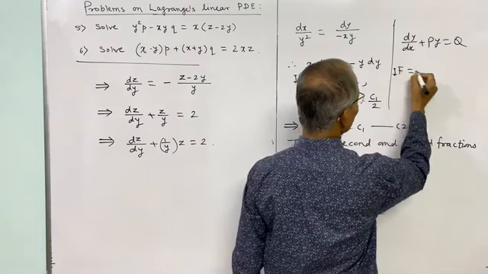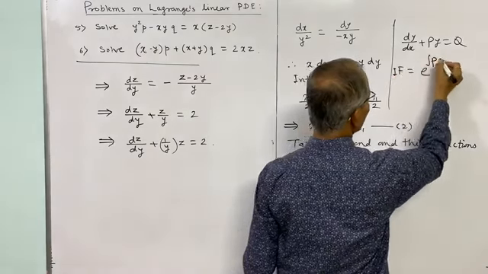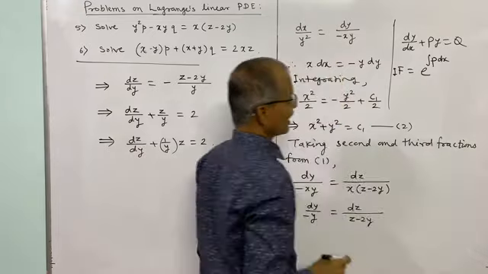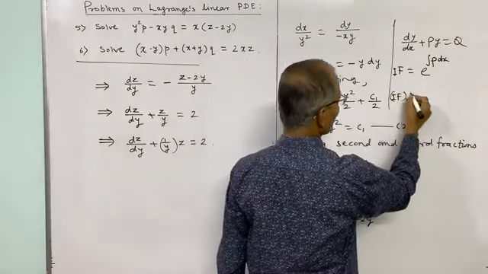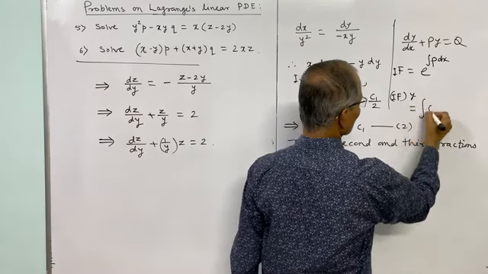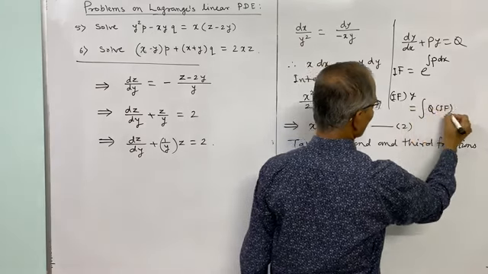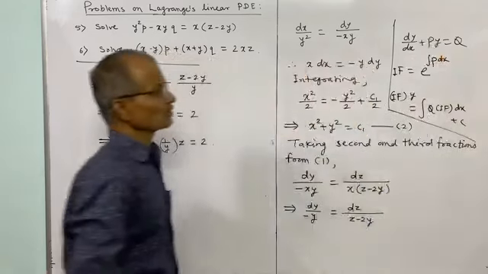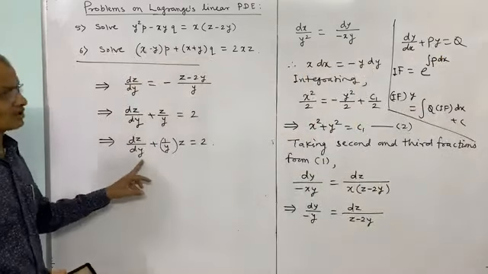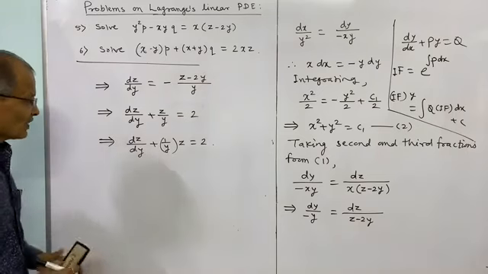The integrating factor is e to the power integral p dx, and then the solution is y into IF is equal to integration q into IF into dx plus a constant. So this is the method of solution of linear differential equation, and we use the same here.